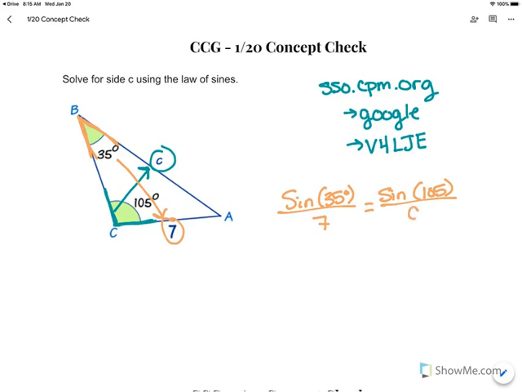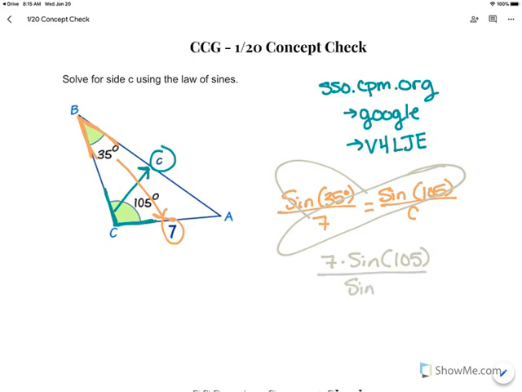This is a tiny bit different from what you did yesterday, but it's actually easier. It's the same process. You multiply this way, divide by this one, and you'll get c this time instead. So you should have 7 times the sine of 105 divided by the sine of 35.